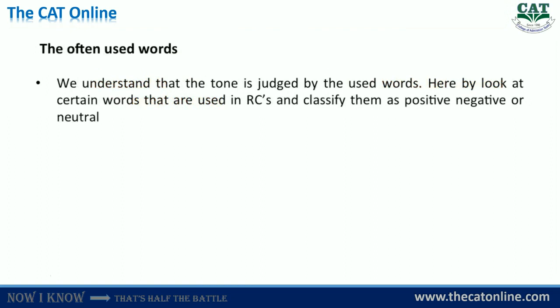Now, let us discuss some words that are often used in the questions as the type of tones or the style of writing. It will be very convenient for us to memorize these words if we classify them. So whatever word we discuss, we'll classify it as a positive tone, a negative tone, or a neutral tone.